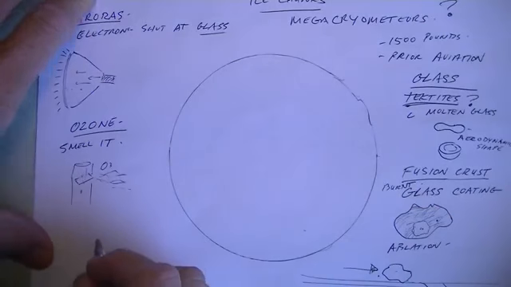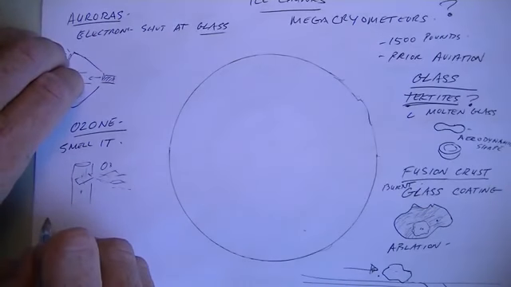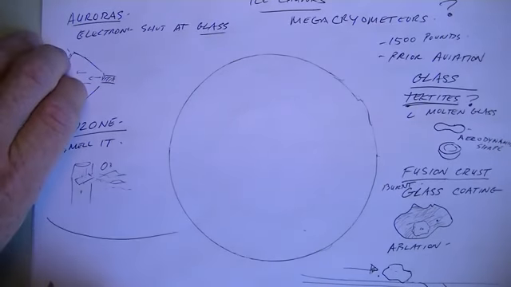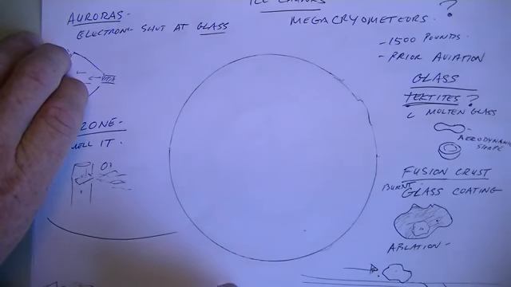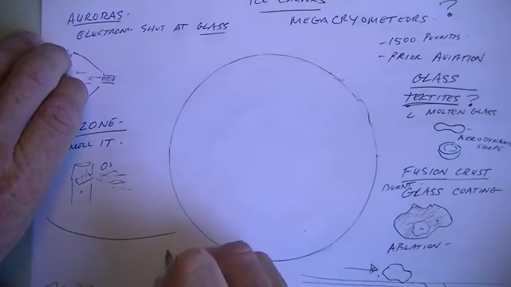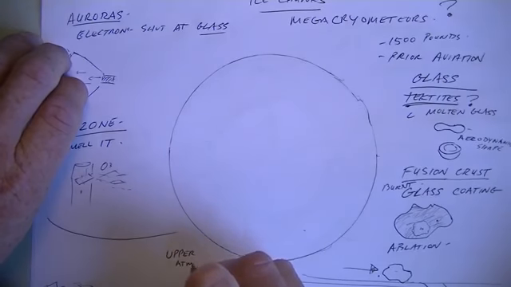Another reason that we have glass in the sky is because, to draw a little cross section here, here's the earth, here's the water, here's the clouds in the sky. In a thunderstorm, you have the lightning beneath the clouds, right? But you also have upper atmospheric lightning.